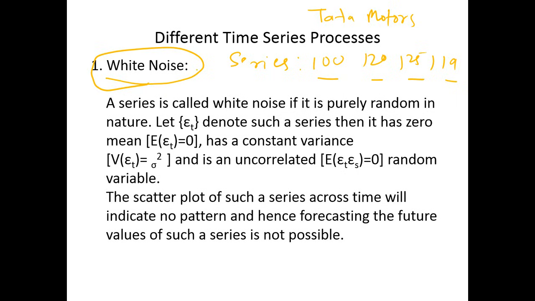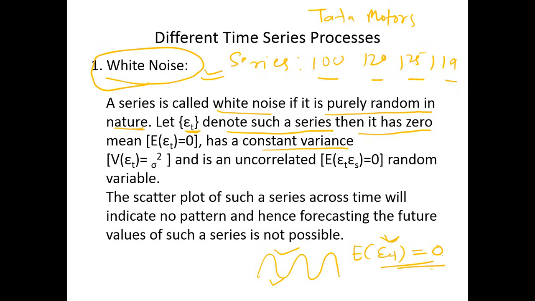So when we call a series white noise, this is the definition. A series is called white noise if it is purely random in nature. Let epsilon t denote such a time series, where it has zero mean and a constant variance. Zero mean means it is 50% positive, 50% negative, so when you sum it, it is actually zero. If you take the expectation of epsilon t, it's actually zero.